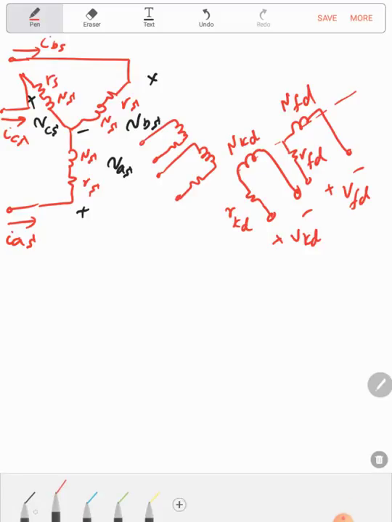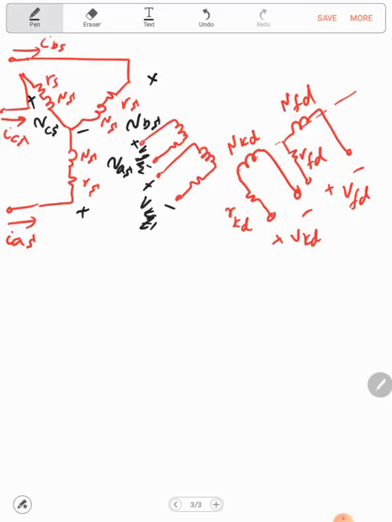So here this will be plus minus VKQ1, this will be plus minus VKQ2, this will be the RKQ1, NKQ1, NKQ2, and this will be the RKQ2. And remember here, N stands for the equivalent turns number.